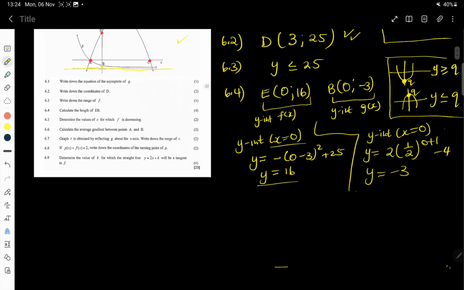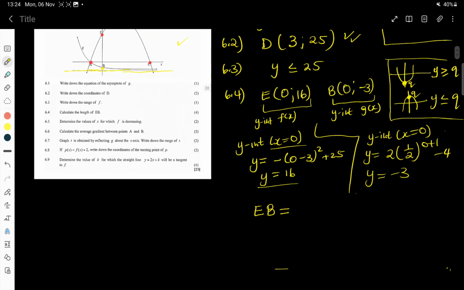Then to find the length now of EB, you don't have to use distance formula, ladies and gentlemen. No, these are functions. It's not analytical geometry. For you to find the length, because they are y values, you just say y large minus y small.